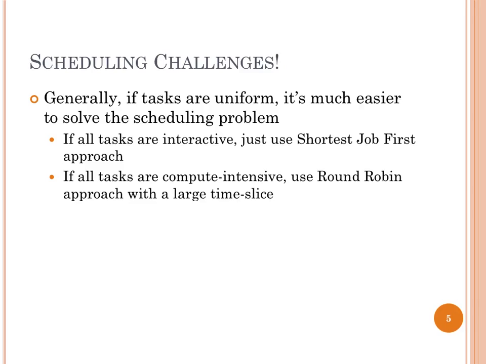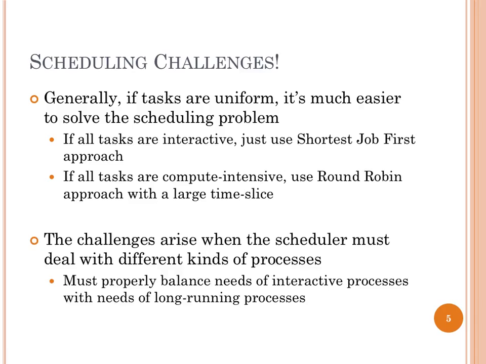I don't care about user interactivity. I don't care if an event goes off and it's 5 seconds before I respond to it. But any user that had that happen to their system would probably throw it out the window. So when you have these mixed considerations, that's where it really becomes challenging to design a scheduler for that system. All right, so we need to balance the needs of these different kinds of processes.